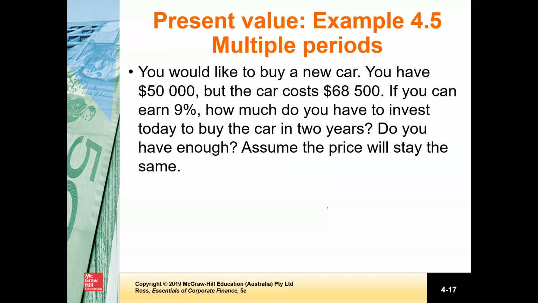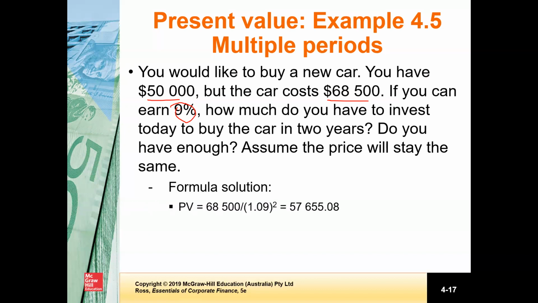If you can earn 9%, how much do you have to invest today to buy the car in 2 years' time? Do you have enough? Okay. So look at the problem once again: you have $50,000, but the car costs $68,500. Your interest rate is 9%. How much do you need to put in today so that you can buy this car in 2 years?